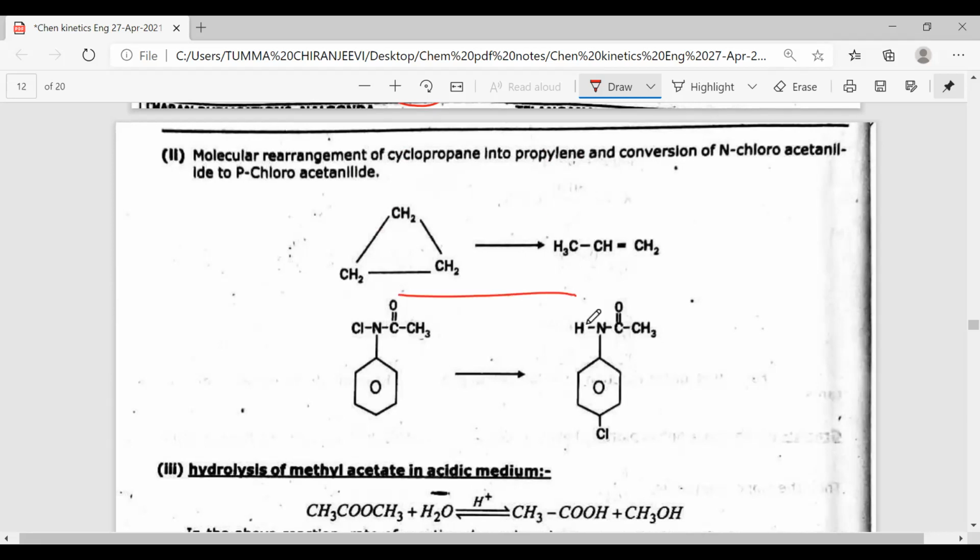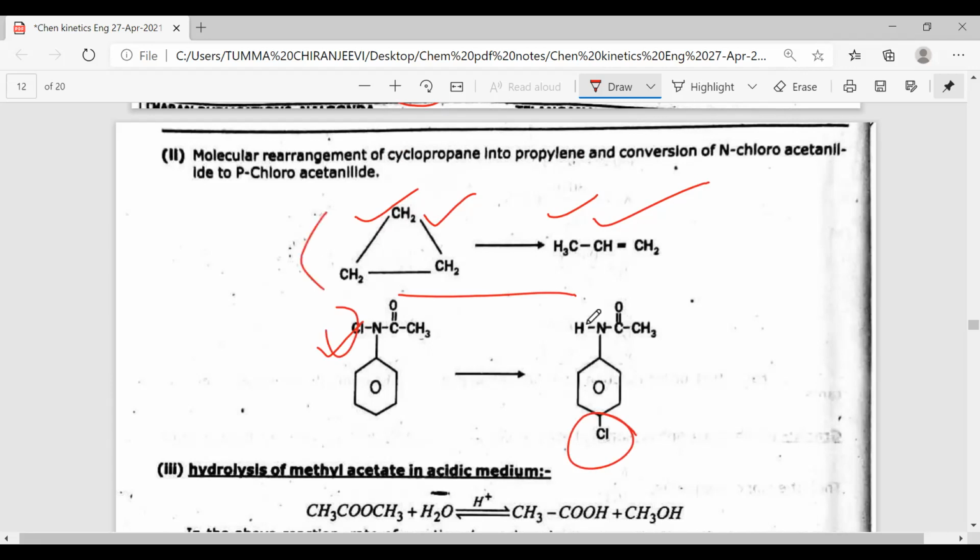See this one, the first reaction. Here it is cyclopropane, a cyclic compound. After the rearrangement, it converts into propylene. Next one is the conversion of N-chloroacetanilide to parachloroacetanilide.